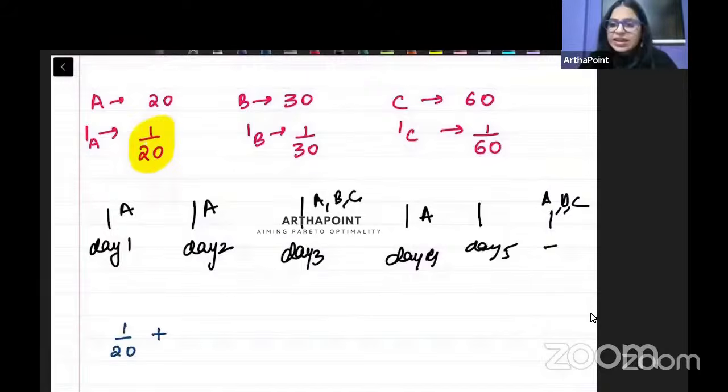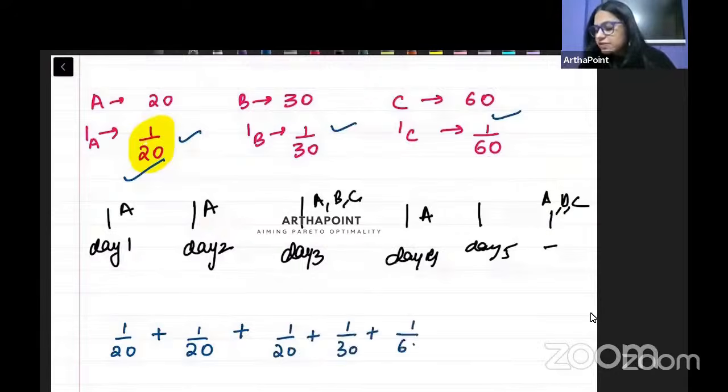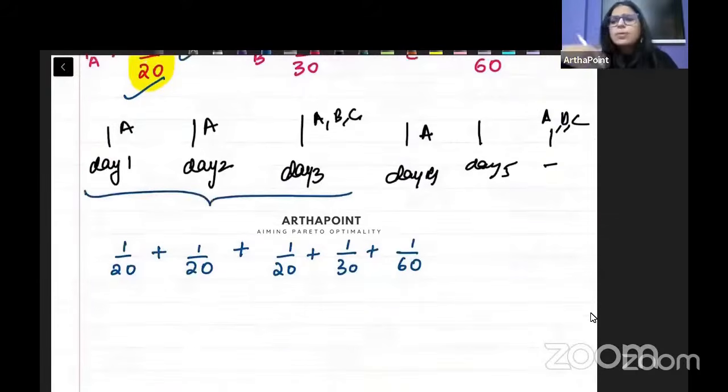On the second day, A can again complete 1/20th of the work individually. And on the 3rd day, all 3 of them are working. So A will cover 1/20th of the work, B will cover 1/30 of the work, and C will cover 1/60 of the work. So after 3 days, uske baad it's a repetition of this pattern.